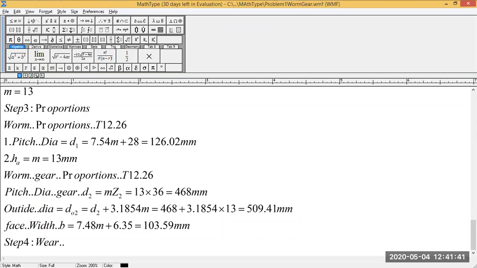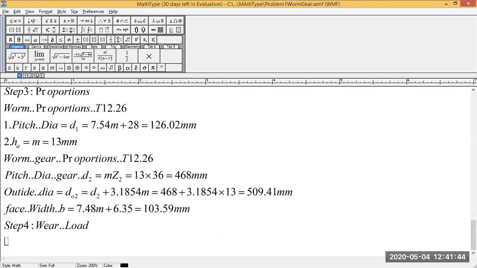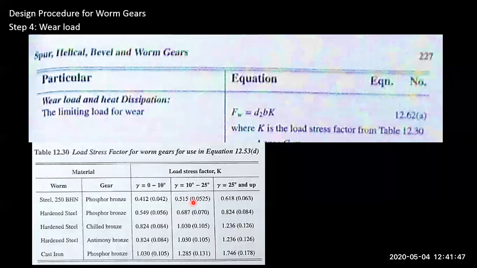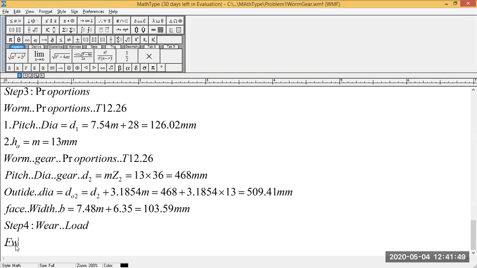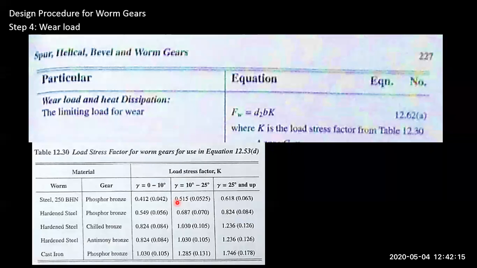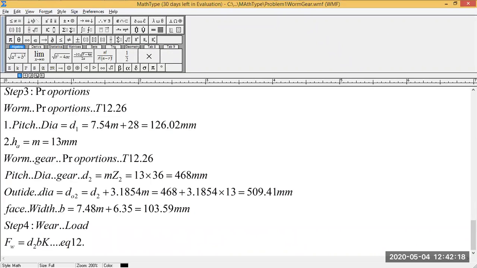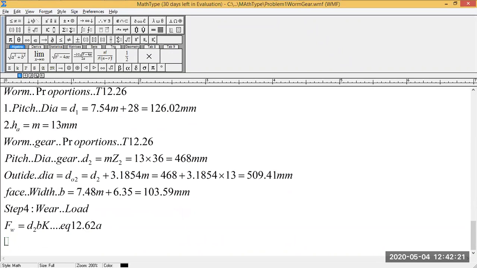Wear load is given by FW, subscript, equal to D2 B K, with B and K as given in equation 12.62a.